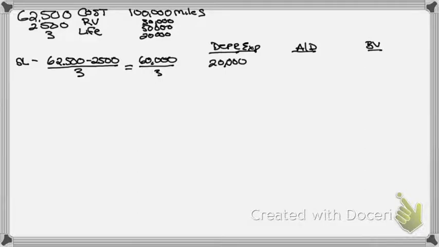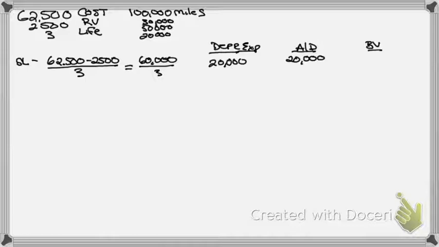Now, accumulated depreciation is what depreciation is added on to the prior year. Well, we haven't had any depreciation yet, so year 1 is always going to be equal to just the depreciation expense. 0 plus 20,000 is 20.